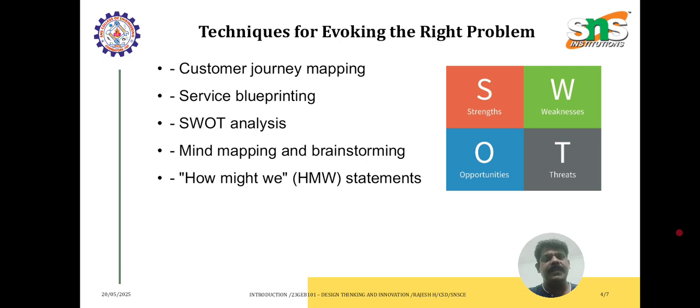How might we? That is similar to what if situational analysis. With all these analyses, we can have close attention on the customers, how they are facing the problem. So it's all about understanding the customer behavior, their usage time, and their behavior, all these things, right?